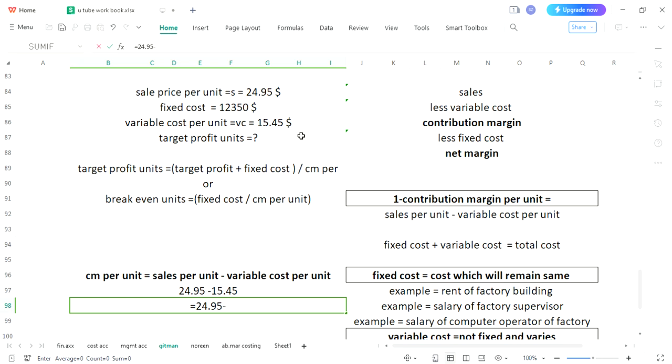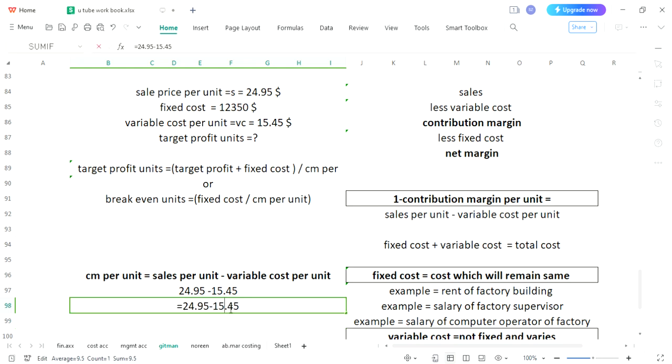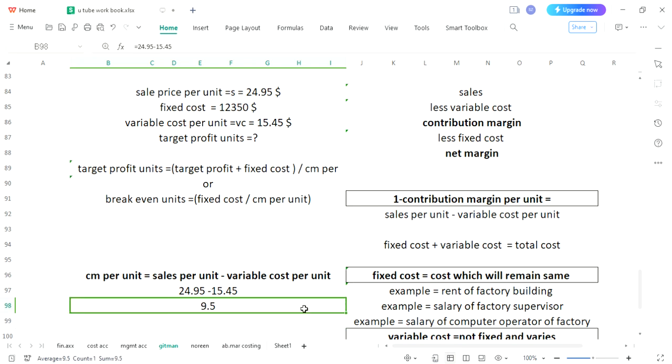Minus 15.45. So in this way we have calculated our CM per unit. Sales per unit was given 24.95, variable cost per unit was given in the question 15.45. So simply subtract 15.45 from 24.95. This way 9.5 is your answer, and that is CM per unit.